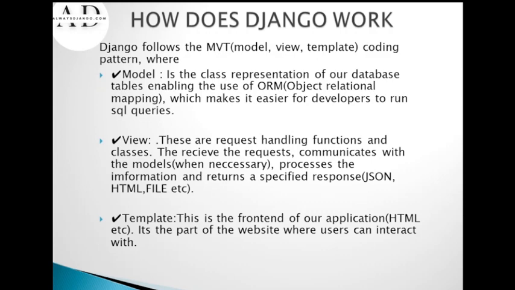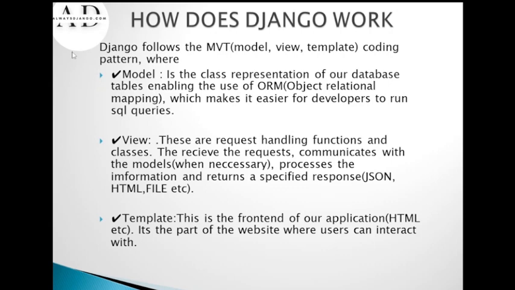Views are request handling functions and classes. They receive requests, communicate with the models when necessary, process the information, and return a specific response, whether JSON, HTML, or file response, etc. Then template, this is the front end of our application, the HTML, etc. It is the part of our website that users can interact with.